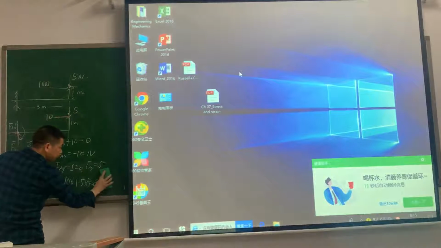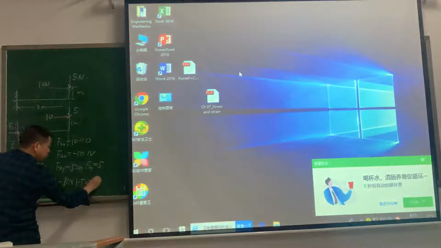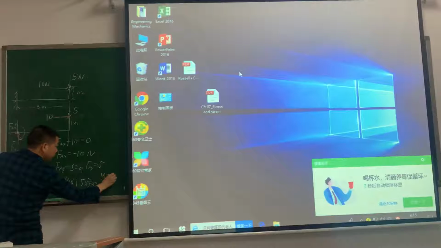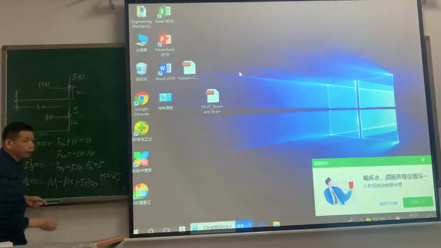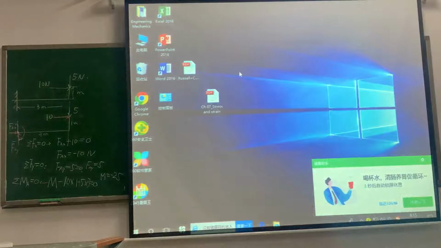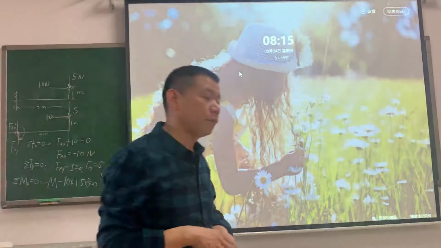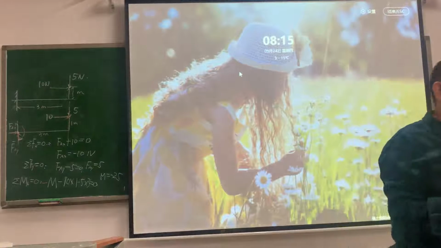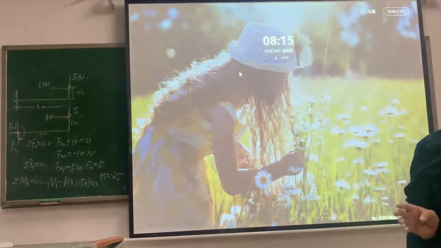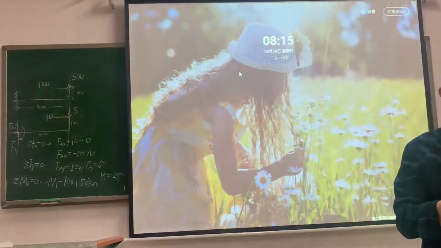So we can get M is minus 25 Newton meter. Understand? Everyone has to know it. If someone doesn't know how to solve it, you can study mechanics of materials.